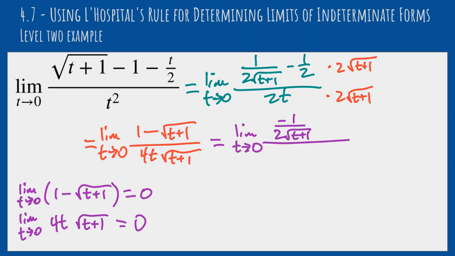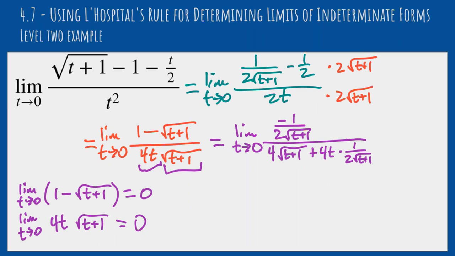And then in the denominator, we're going to have to use the product rule here. So first function, second function. The derivative of the first is 4, times the second, square root of t plus 1, plus the first, 4t, times the derivative of square root of t plus 1, so times 1 over 2 square root of t plus 1.